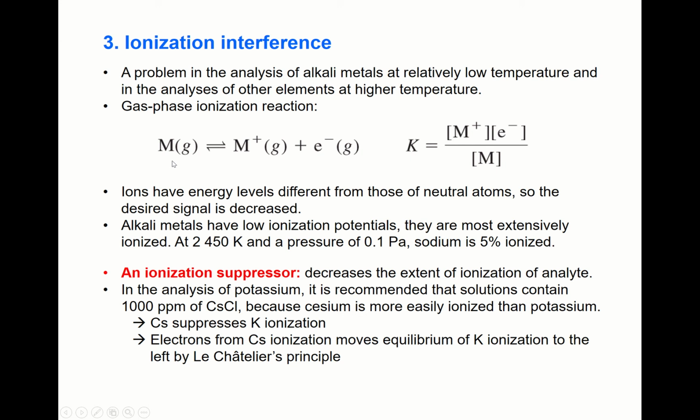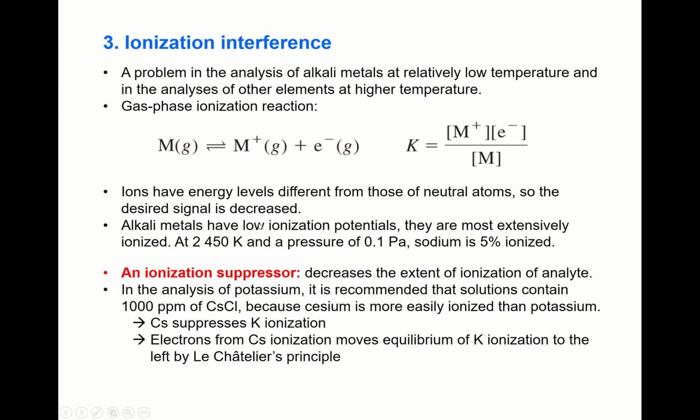For this reaction we can write the chemical equilibrium constant. Ions have energy levels different from those of neutral atoms, so the signal is decreased. This is very important. You may ask, what's the problem of ionization? If the atom is ionized, the energy levels become different.